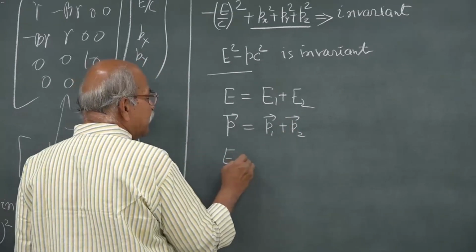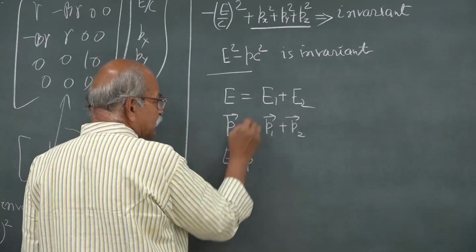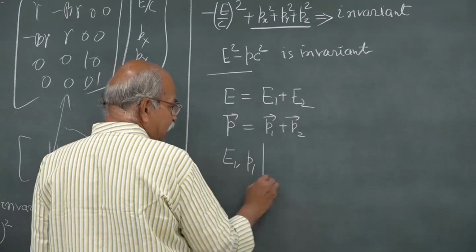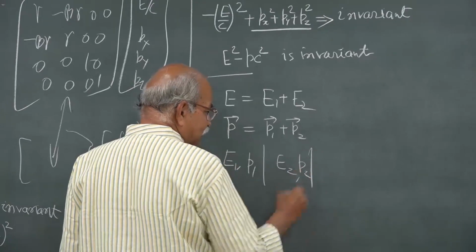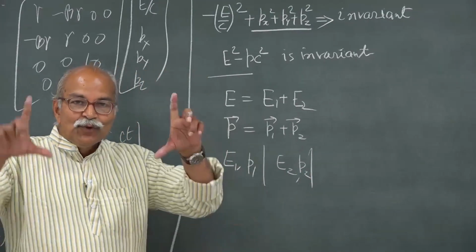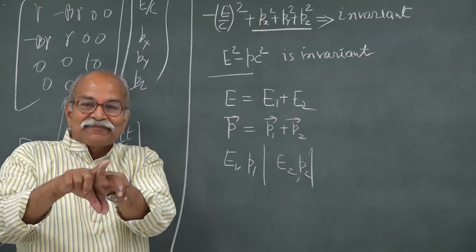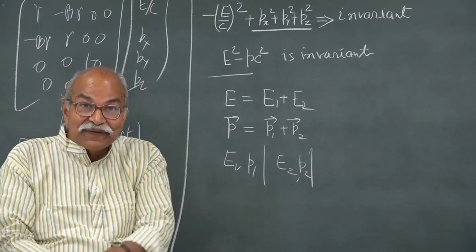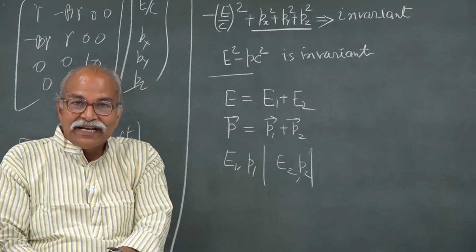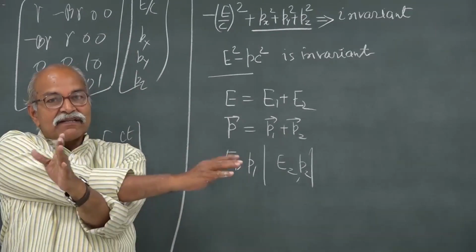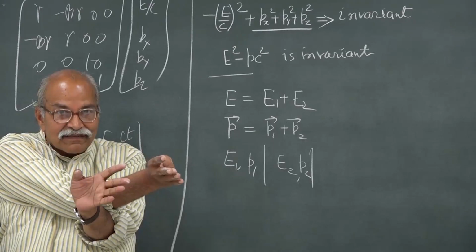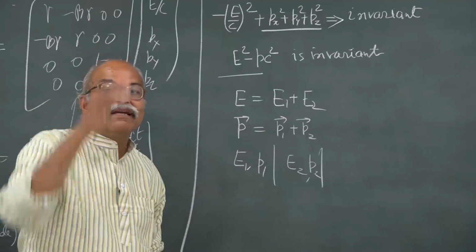And if E1, P1 is a 4-vector for the first particle, and E2, P2 is a 4-vector for the second particle, then two 4-vectors when you add remain a 4-vector, right. In our 3-dimensional geometry, if you have a vector and another vector, you add them and you get a third vector.